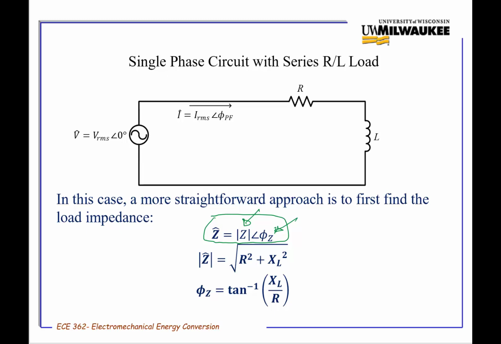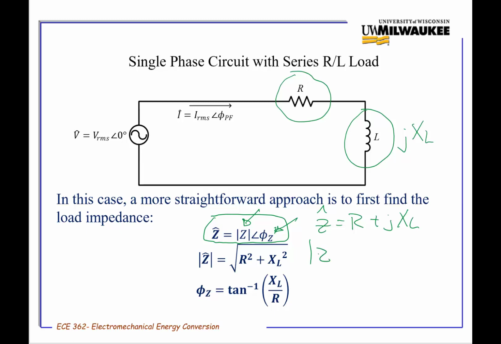So first of all, when we combine the impedance of the R and the impedance associated with the inductor, and that reactive impedance is jXL, we would have Z represented as R plus jXL. So the magnitude of Z is equal to the square root of R squared plus XL squared.